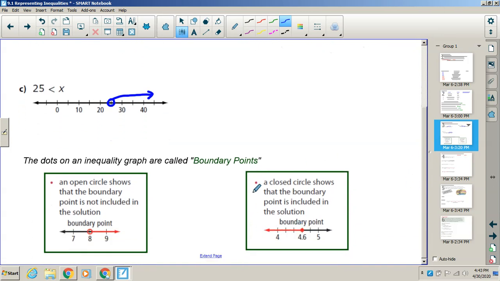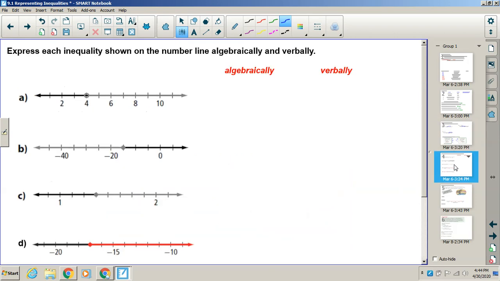Anything that is less than or equal to, greater than or equal to is always a closed dot. Anything that is greater than, less than is always an open dot. That's all you need to remember with regards to number lines and graphing an inequality. So we'll practice that a little bit on the next slide.